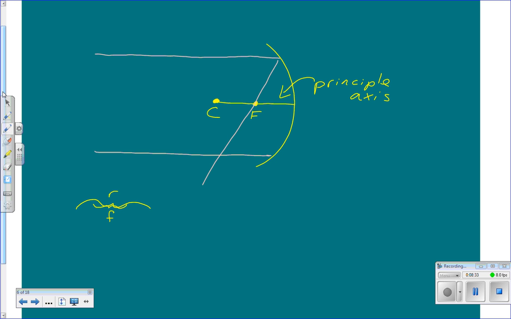All of the light rays will be parallel to that, and they'll all reflect back through the focal point. And so we get an image of whatever we're looking at showing up right there at the focal point.